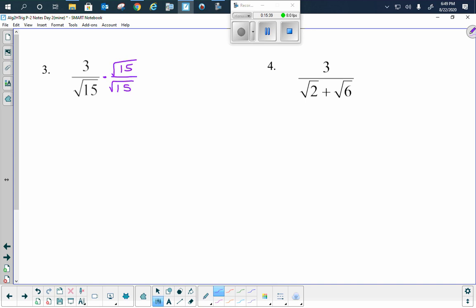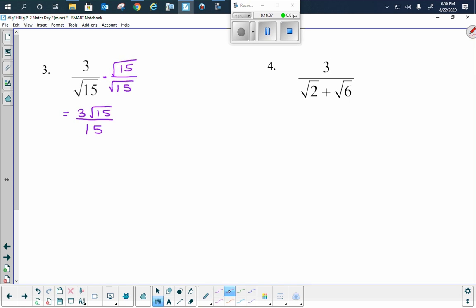We multiply straight across for fractions, so that gives us 3 root 15 over, think about what you just learned. Square root of 2 times square root of 2 should just be 2. Square root of 5 times square root of 5 should just be 5. Square root of smiley face times square root of smiley face is smiley face. So square root of 15 times square root of 15 is 15. And now the numbers outside the radical reduce.